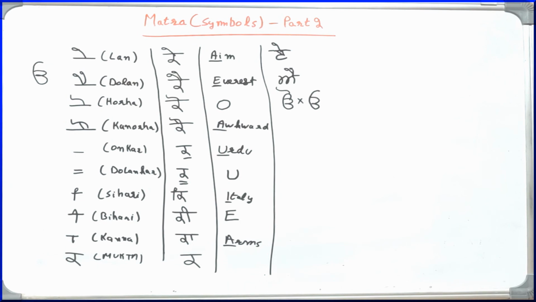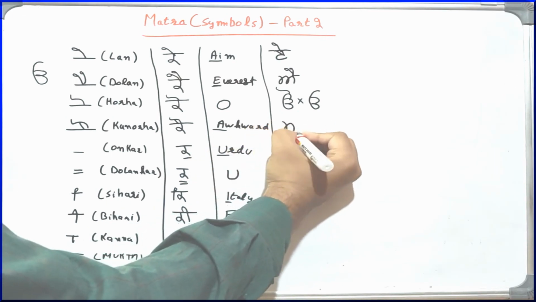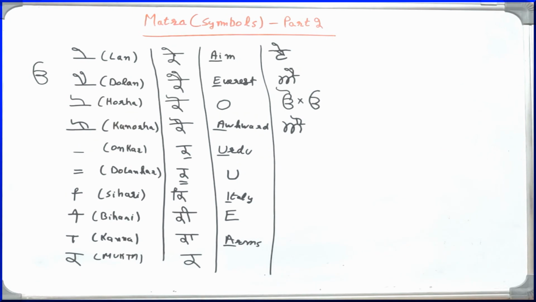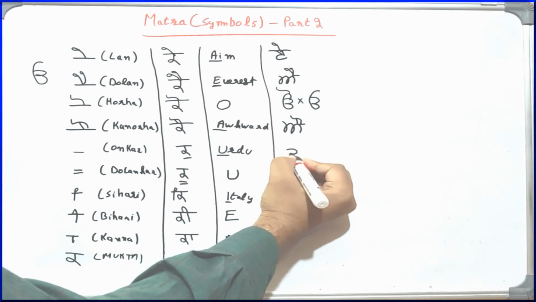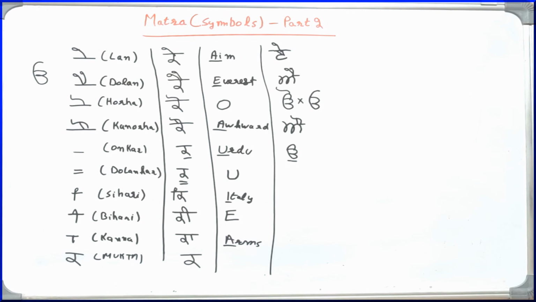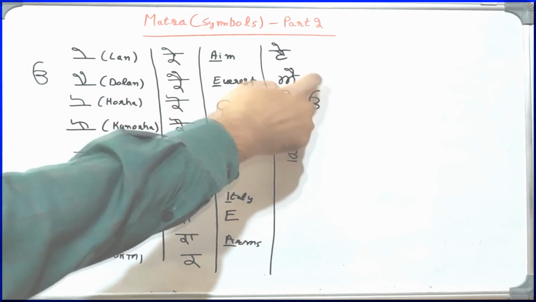Okay, next one is Konora. Konora will be represented with an Ada and then Hoda. Then Ankar. Uda, Ankar. Remember, only when you are going to put Hoda on the top of Uda, its structure will change.